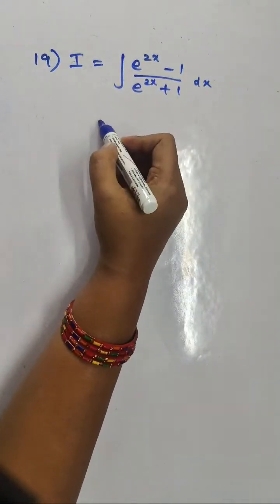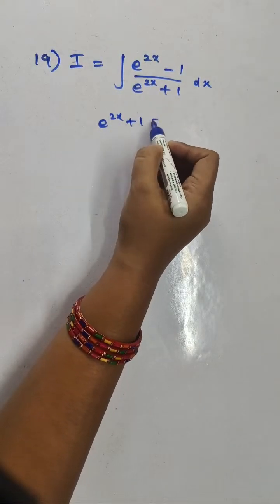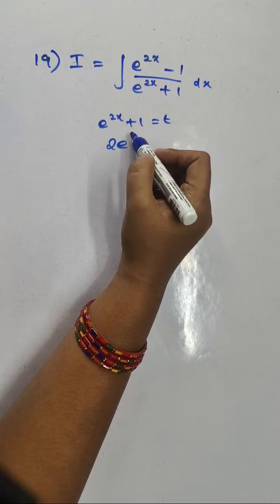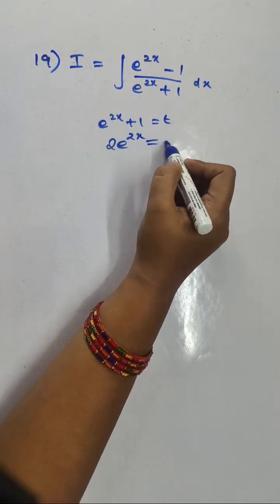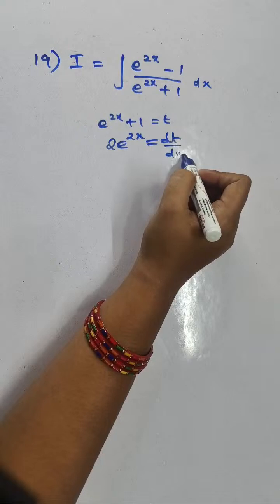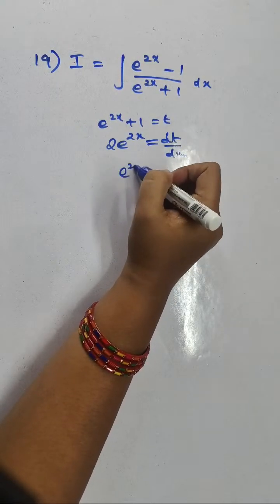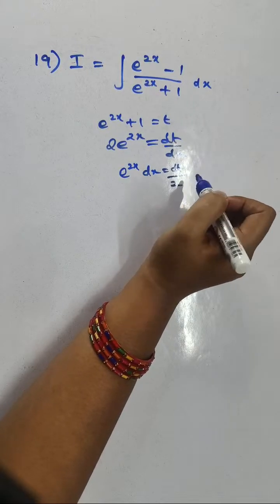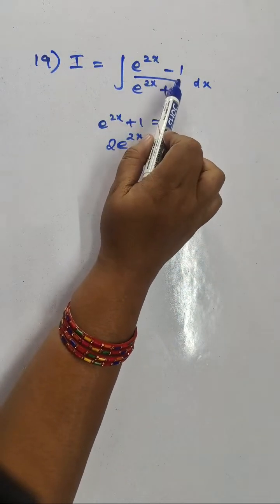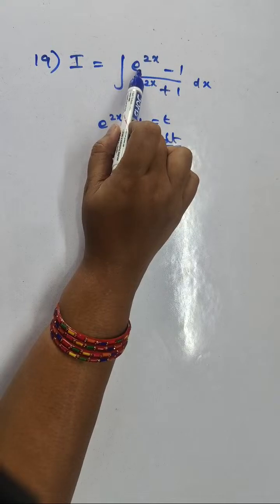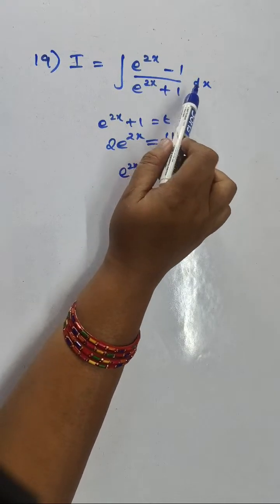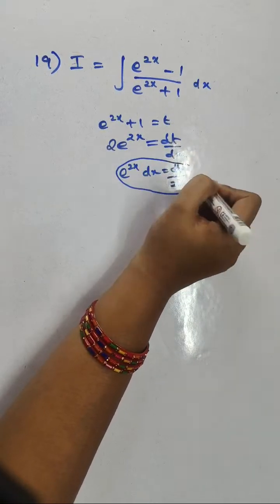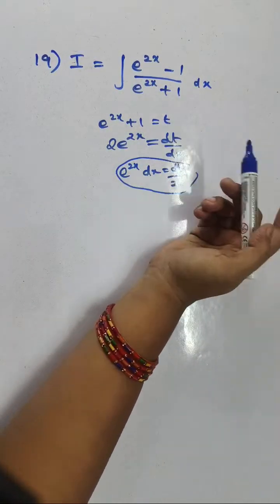If I take e power 2x plus 1 as t, when I differentiate, I get 2 into e power 2x equal to dt by dx. So e power 2x dx can be replaced as dt by 2. But what I have here is e power 2x minus 1, but what we got here is e power 2x. Can we replace here? No.